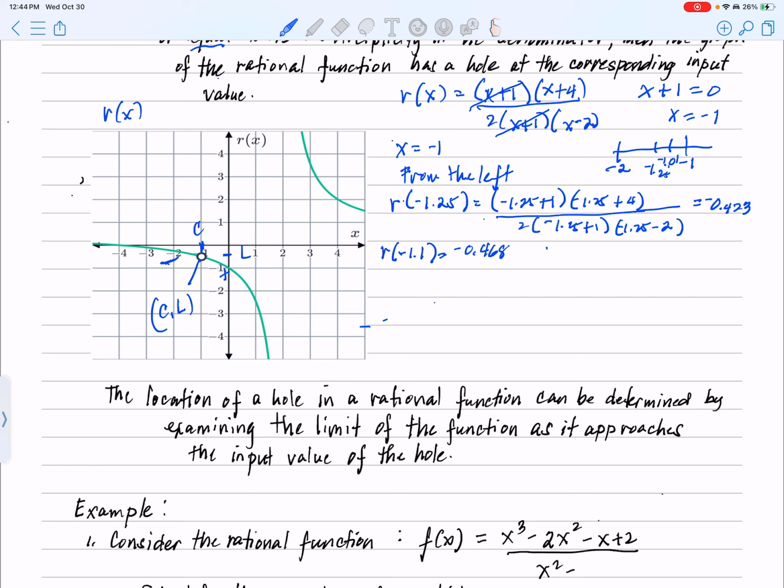If we substitute a number even closer, we still come up with negative 0.497. So what have you observed?